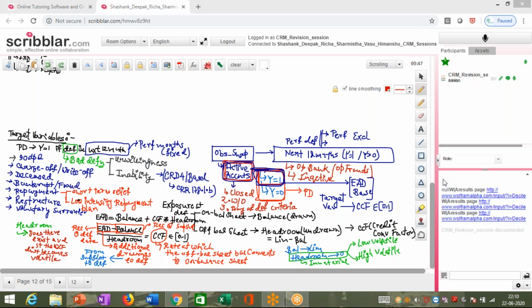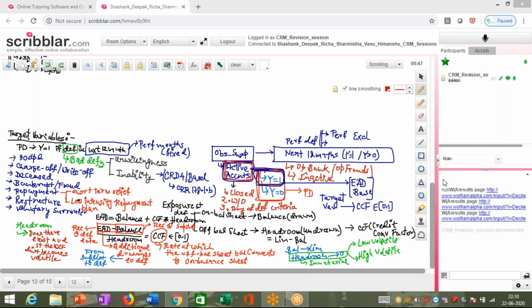Okay. So first of all, try to understand that the distribution of the headroom is what is driving the distribution of the CCF, right?